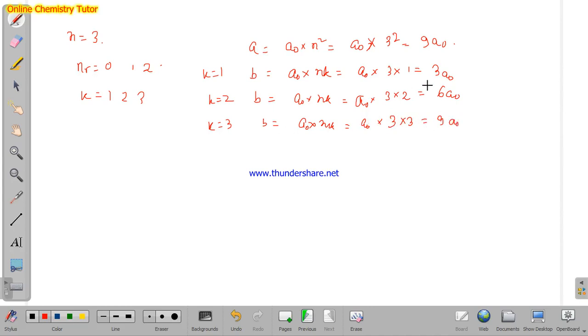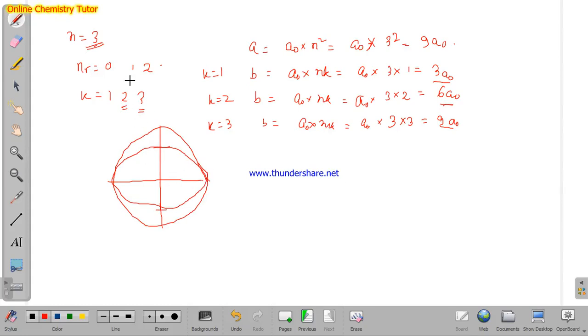So we have 3 different values. Suppose this is 9a0 and this is also 9a0. So for n equal to 3 and k equal to 3, both are the same, and this is a circular path. For n equal to 3 and k equal to 2, the value is 6a0, so this is some elliptical path.